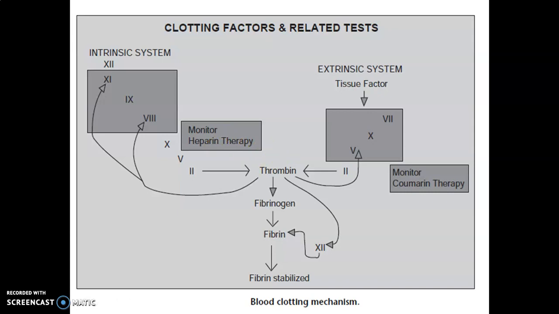Once prothrombin activator is activated, in the presence of calcium ions it converts prothrombin into thrombin. The formation of a sufficient quantity of thrombin in blood leads to conversion of fibrinogen into fibrin. But initially these fibrins are just monomers.